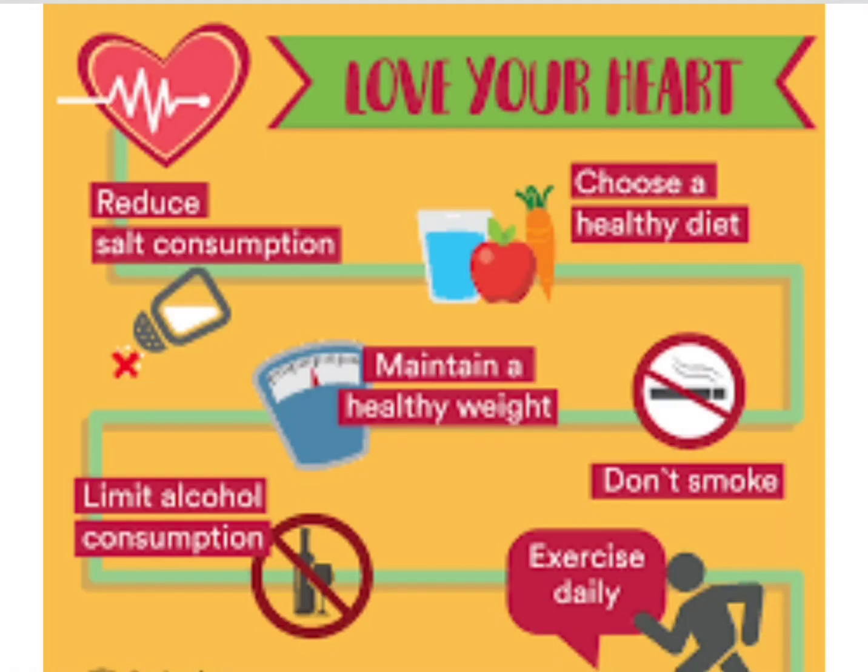Okay, but it does not mean that you cannot do anything about it. You are totally in control of your own body. You have to make sure that you love your heart. So for that, you can do many things to keep your heart healthy, to keep yourself healthy.